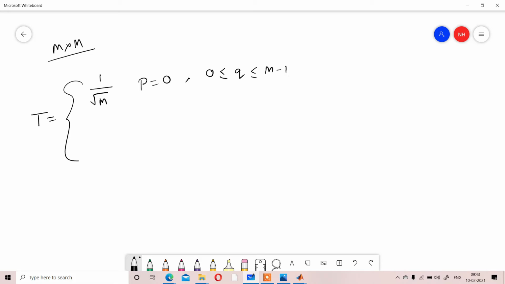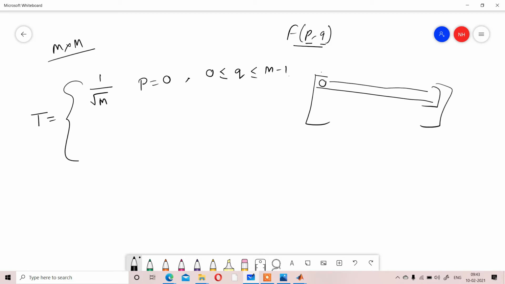P defines the row, obviously, F(p,q) is your output transformed image, and Q defines the column. So the 0th row means the first row, and Q from 0 to m minus 1 means all the columns. In the total first row, all values will be 1 by root m, 1 by root m, like that.